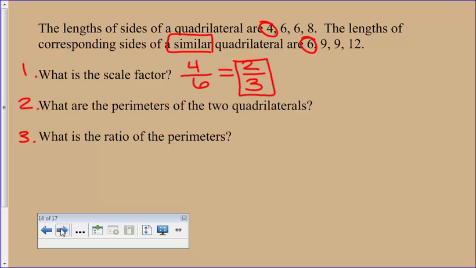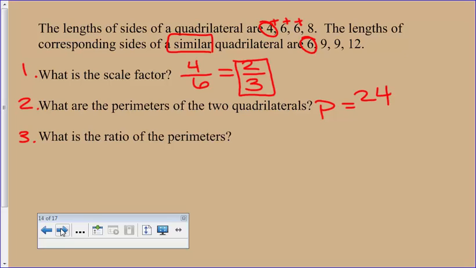Now, we're going to figure out what the perimeters of the two quadrilaterals are. So remember, to find a perimeter, you can just add up all the sides. So 4 plus 6 plus 6 plus 8 gives you the perimeter of the first one to be, what is that, 24? Okay?